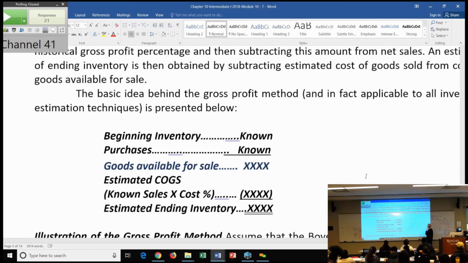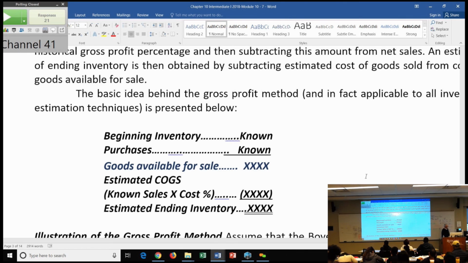Now, one of the things that's said as a disadvantage of the gross profit method is that you are using a 5-year average, so these are historical numbers, which may not reflect this year, but again, it's a good starting point as an estimate. All right, so let's do this. Let's take a look at some numbers, and then we'll break here and we'll talk a little bit about next week.